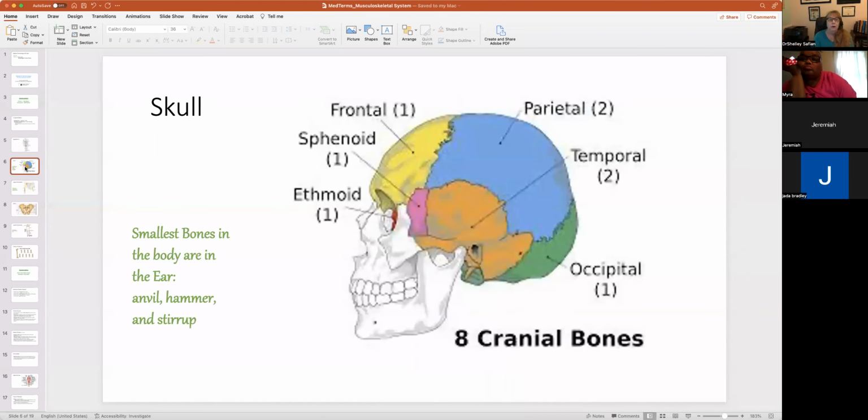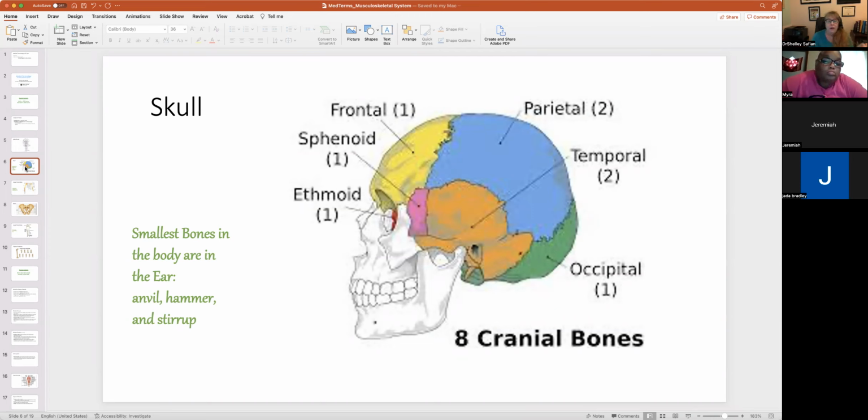All right, so let's talk about your skull. The smallest bones in the human body are in the ear. Actually, to be specific, the middle ear.